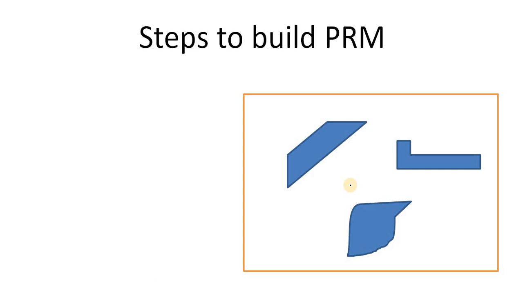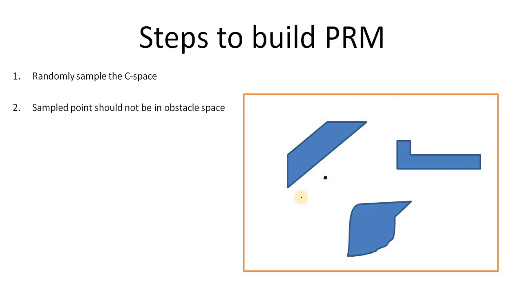Now we see step by step how this PRM method builds a roadmap or a graph. The first thing is to randomly sample the C space. This is our state space, C space. Just randomly take a sample here, let's say somewhere in the middle. The sample point should not be in the obstacle, so you have to make sure of this.